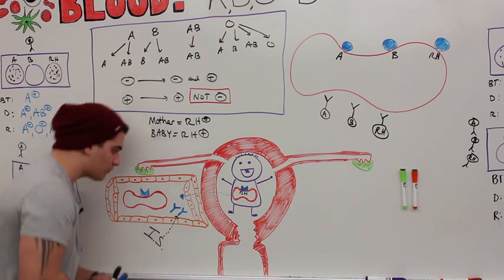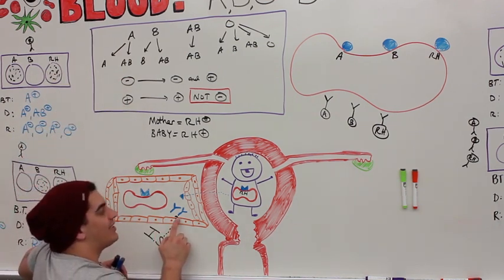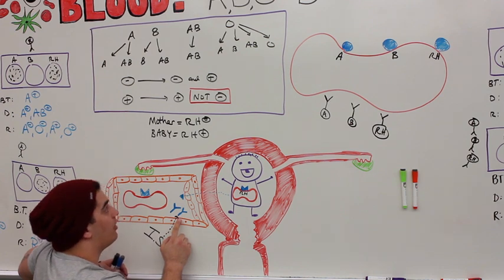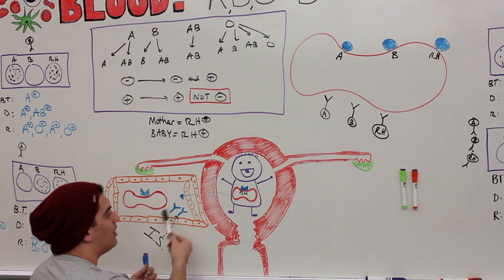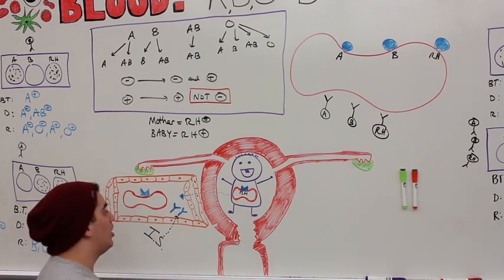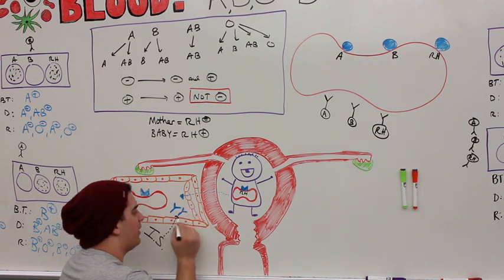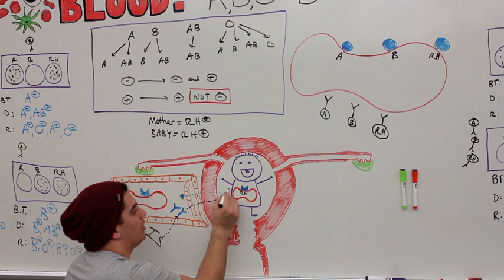But now, watch what happens here. In the second birth, if the mother is again having a baby who's Rh positive, these antibodies can cross the placenta. You know, they're IgG antibodies, and specifically IgG antibodies can cross through the placenta. And look what happens over here.